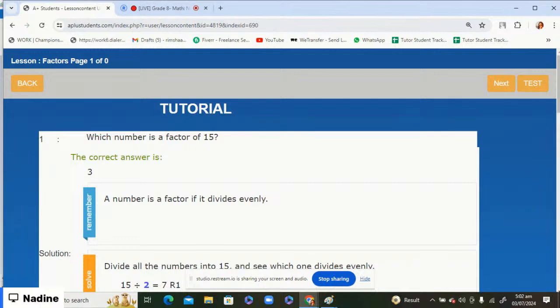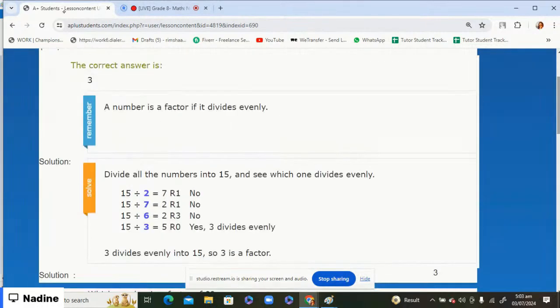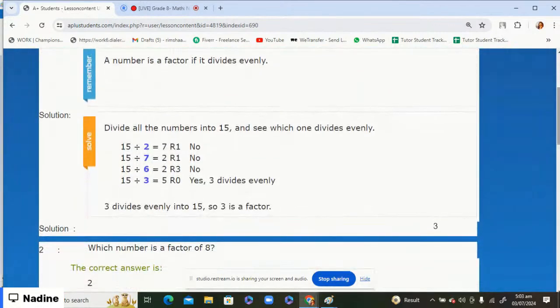So this is a factor. Which number is a factor of 15? Here we are going to check which numbers 15 is divided by.